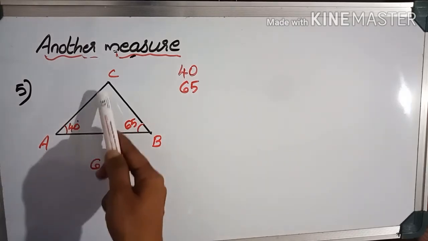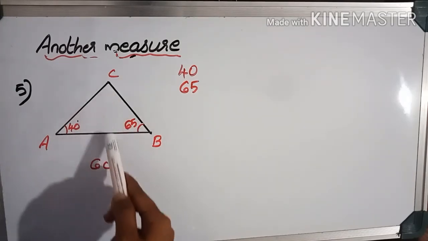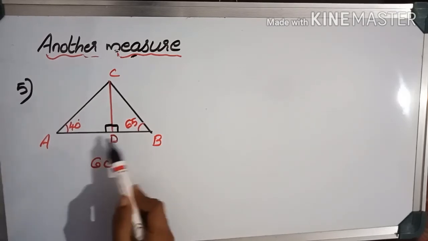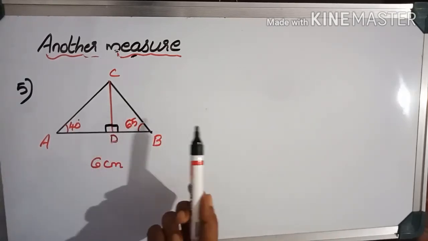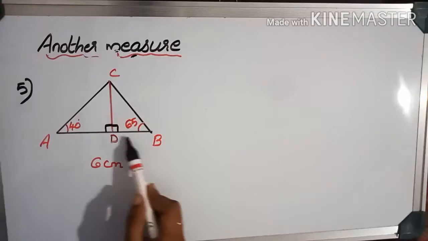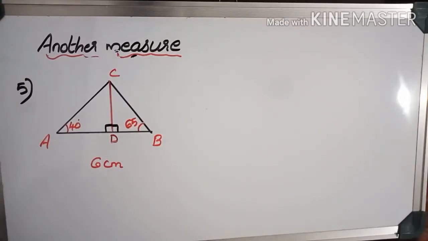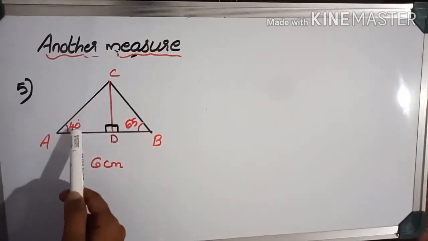So let's draw a perpendicular line from C to the base. Now when you draw this perpendicular line, you can see that the base is not divided into equal halves, because it is not an isosceles or equilateral triangle. That means these distances are different. To find this height, consider the first triangle ADC with 40 degree.